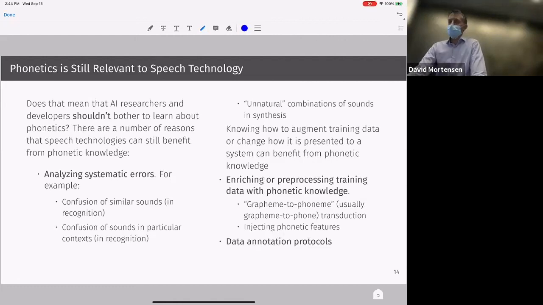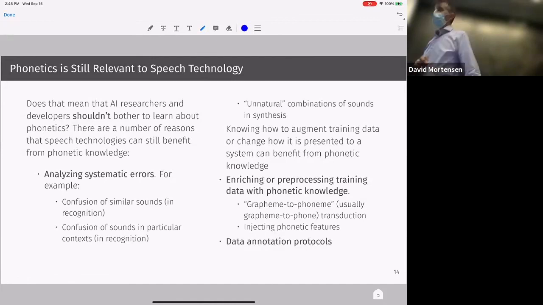For example, if you have a model that is confusing similar sounds in recognition, or confusing sounds in particular contexts, or if you have unnatural combinations of sounds in synthesis, then diagnosing these problems and trying to figure out what can be changed in the training data, in terms of the balance of different things, or diversity, or data augmentation, these are things that somebody with a knowledge of phonetics, even if they're not a phonetician, is capable of doing, to contribute to solving these problems and improving these kinds of systems.